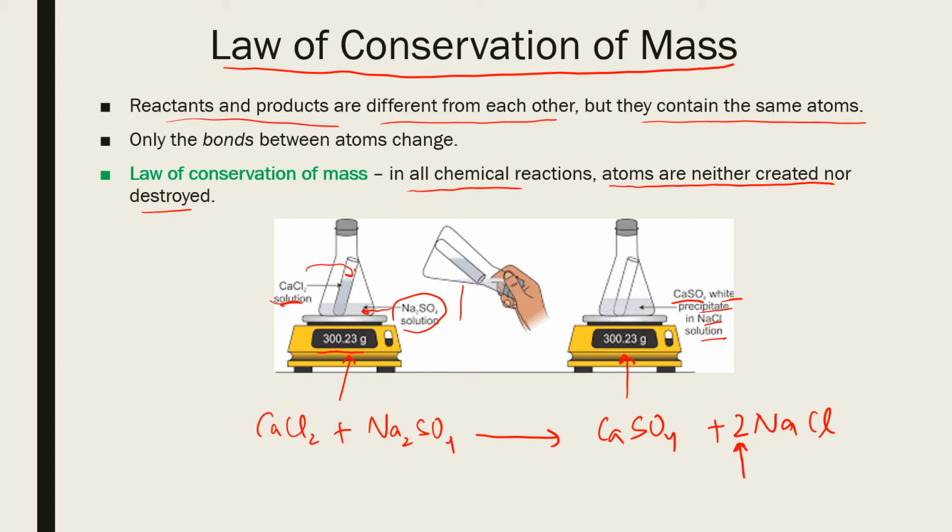This 2 is needed to balance the equation. So in this reaction, if the starting mass was 300.23 grams, the end mass of the product will also be 300.23 grams. And the mass is the same because we have the same number of atoms. We just shuffle them around to make a new compound, but we did not lose any atom, or gain any atom. That's why the mass did not change.